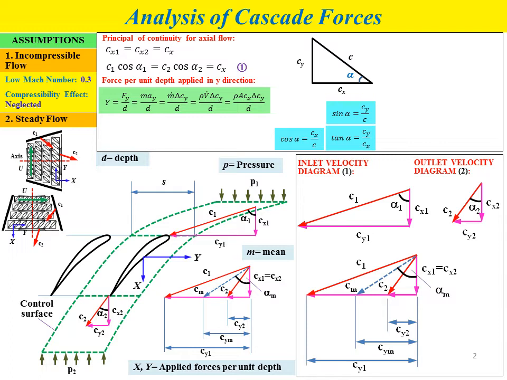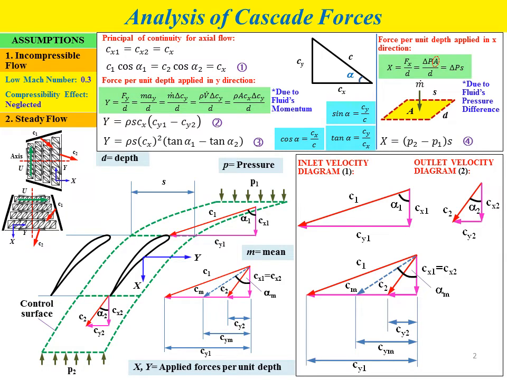If we implement the acceleration equation based on momentum, we get m dot times the difference of velocity in the Y direction, divided by D. Further, by using the density equation, we get rho V1 delta Cy divided by D. And then by manipulating the equation for volume flow rate, we get the last definition: Y equals rho s Cx delta Cy divided by D. So we get this equation due to the fluid's momentum.